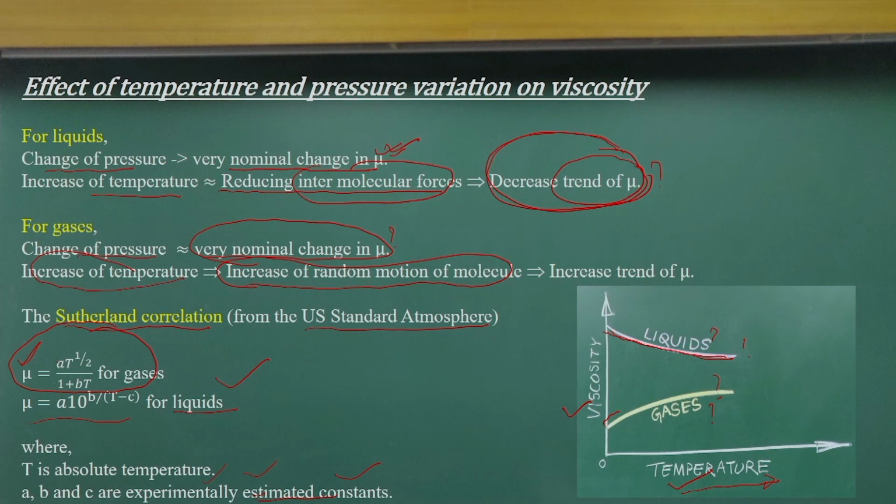You can see that different fluids have different values of A, B, C. So for liquid and gas we have different temperature-dependent functions relating dynamic viscosity and temperature, and these coefficients differ from fluid to fluid. Based on whether it is a gas or a liquid, we decide which equation to follow and what the coefficients are. Mostly they are available in any textbook and reference book.